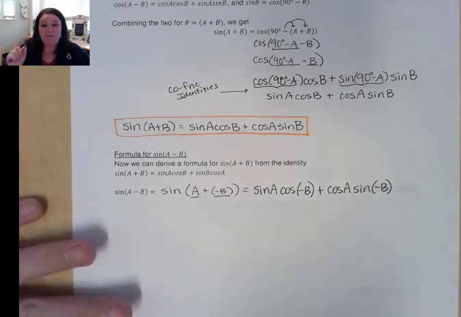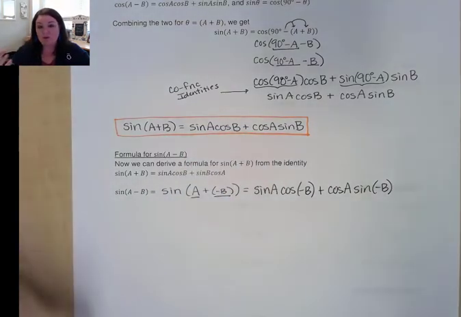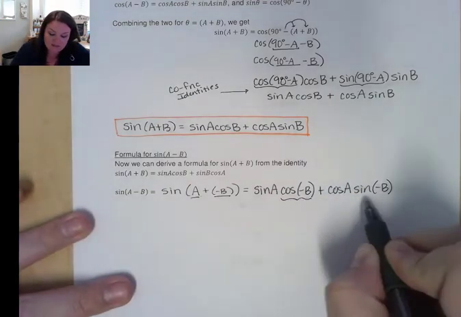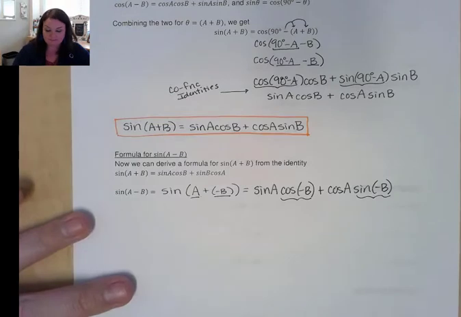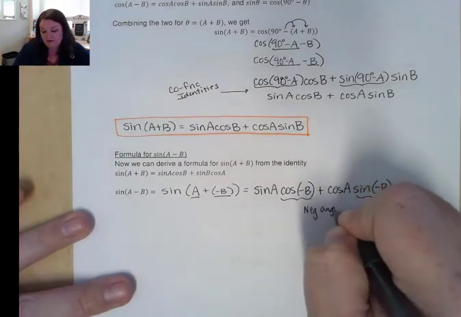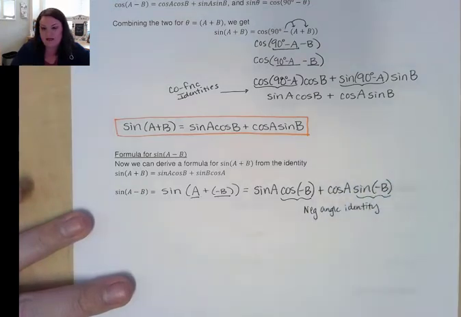And then remember, we want to come up with a formula similar to this one where we have only positive angle values. So I'm going to go ahead and use this one and replace it with our negative angle identities. Okay.